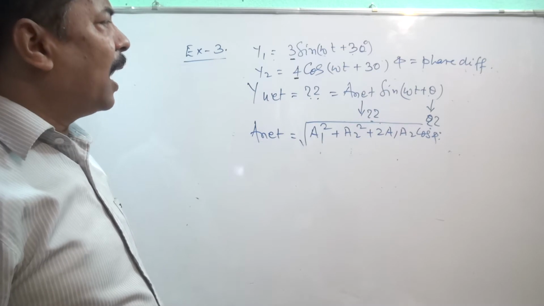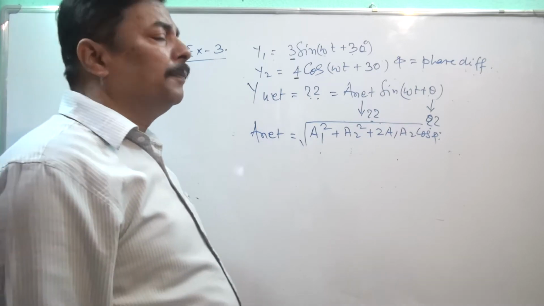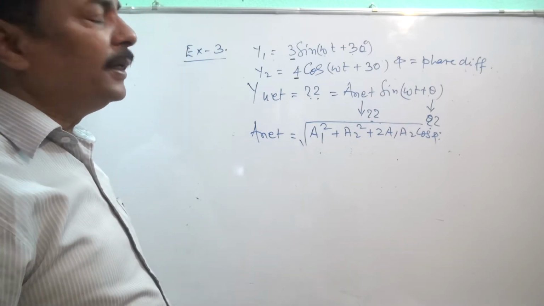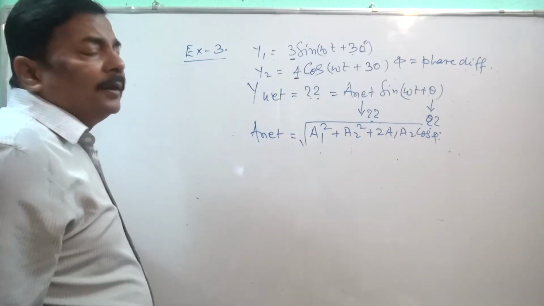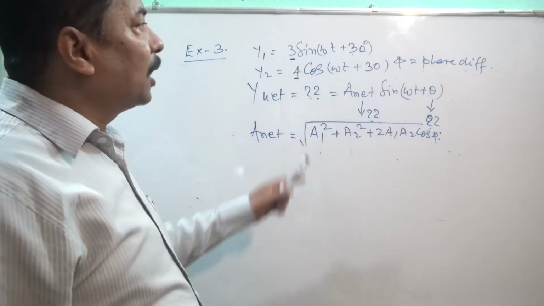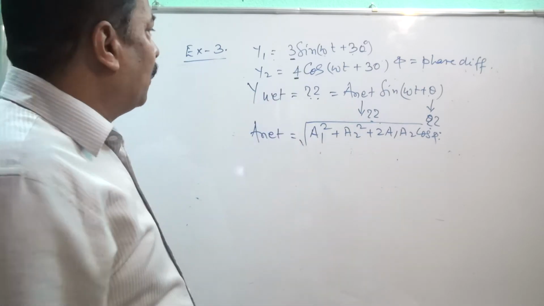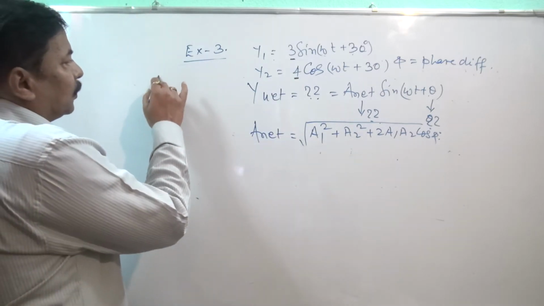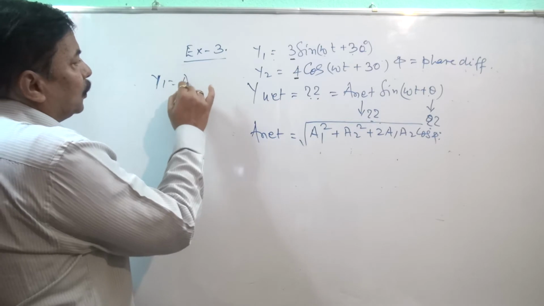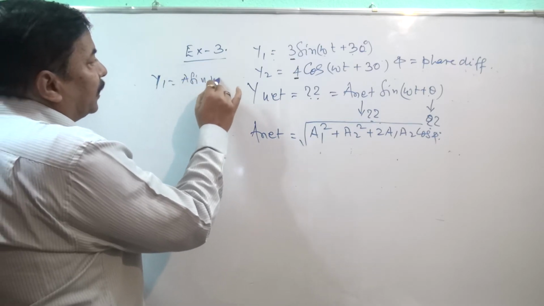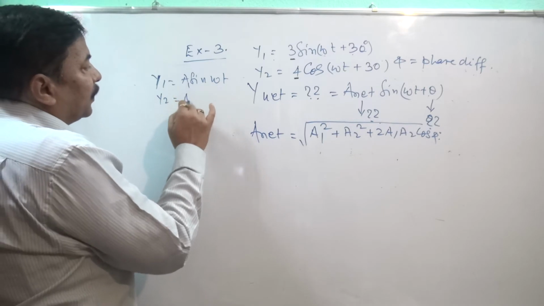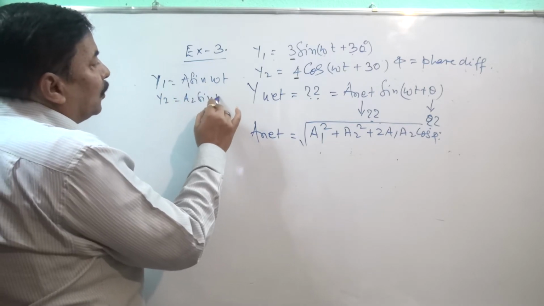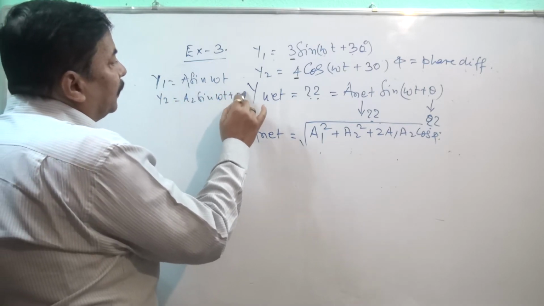Now when I was discussing the composition, finding the condition of superposition, both terms were in cos, or both terms were in sine. I discussed y1 equals a1 sine omega t, and y2 equals a2 sine omega t plus phi.